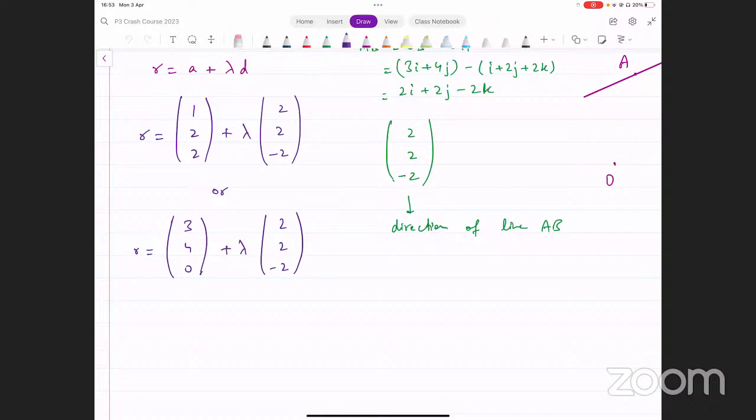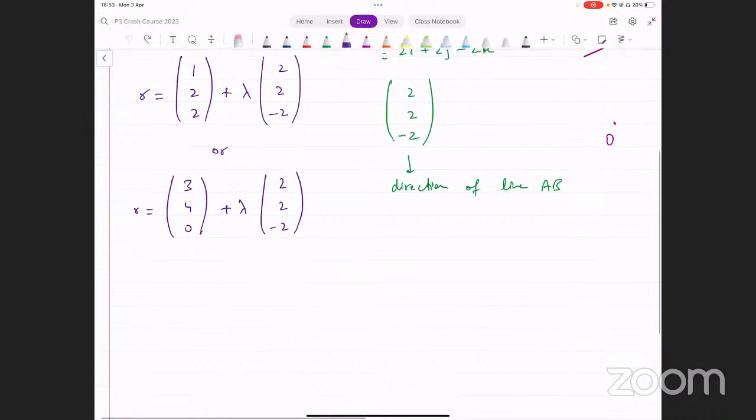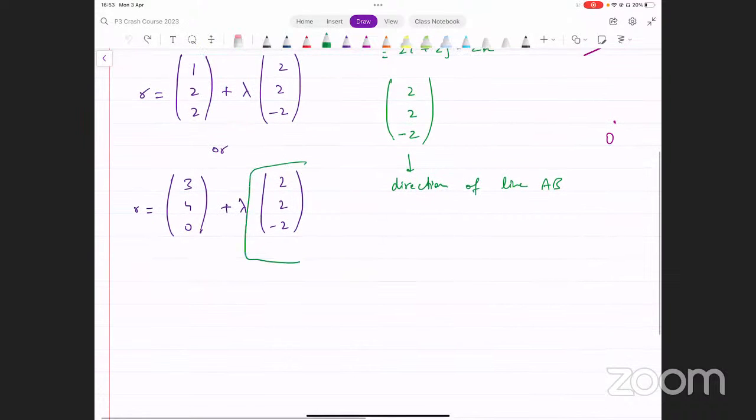Okay. Now that's one thing, that you could use any of the 2 points here in place of A. The other thing is the direction vector could also be something else. Essentially, any multiple of this vector would work here. Okay.